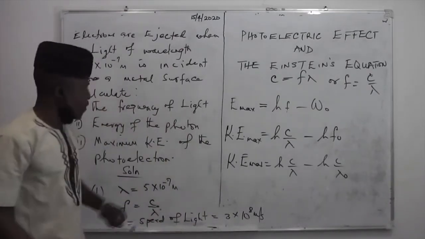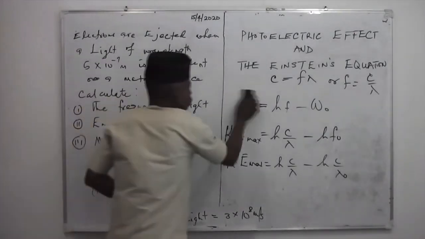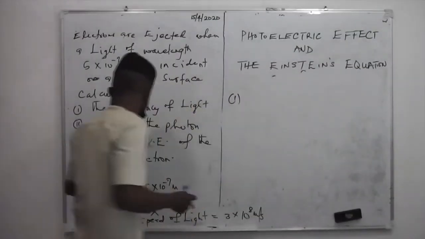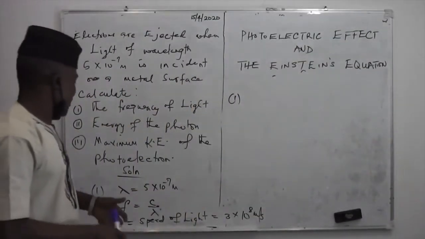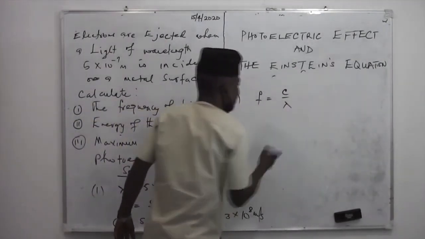Now let's quickly solve the problem. I'm going to rub the board off so that we can solve the first problem. The first problem, which is to determine the frequency of light, is F equals C over lambda.